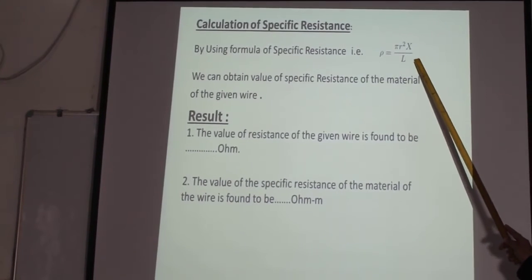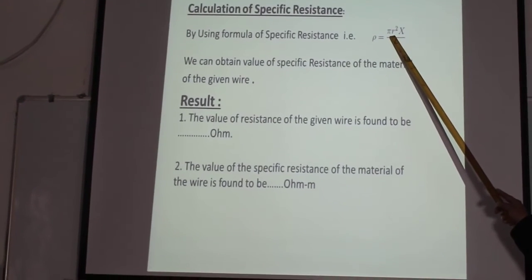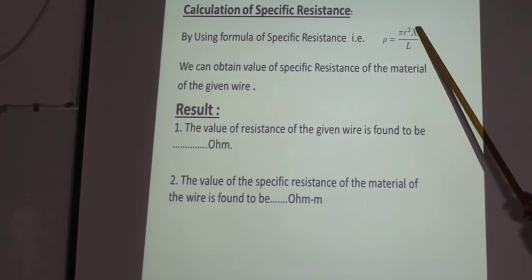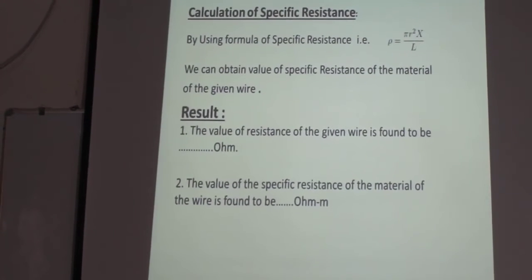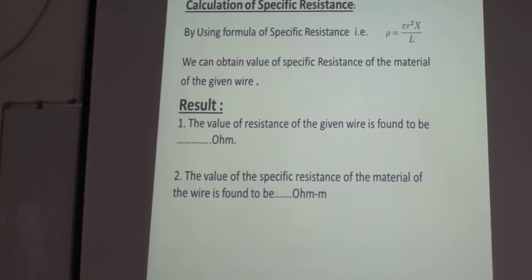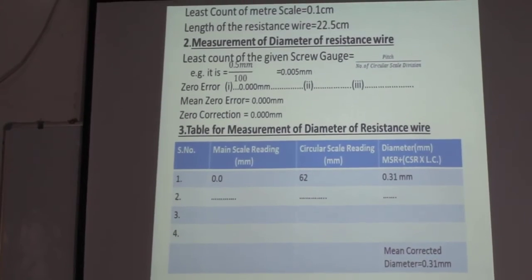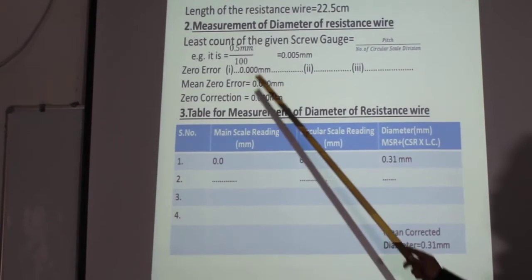In this we have to substitute value of radius of cross section of the given wire, unknown resistance X obtained from table number 1. The readings from the screw gauge are also to be reported.